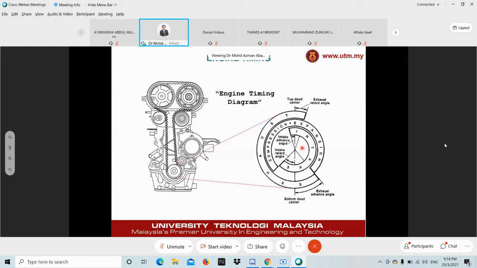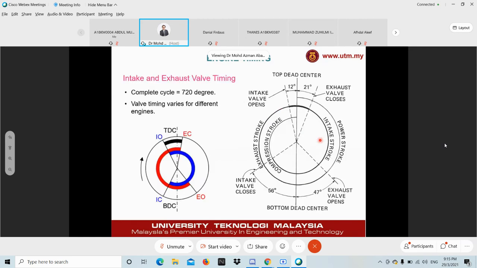I will explain that in the following slide. But you can see that at 12 o'clock over here, this is when your piston is at TDC. We always read this engine timing diagram in a clockwise direction. Let's move on to the next slide. I will explain further on this.